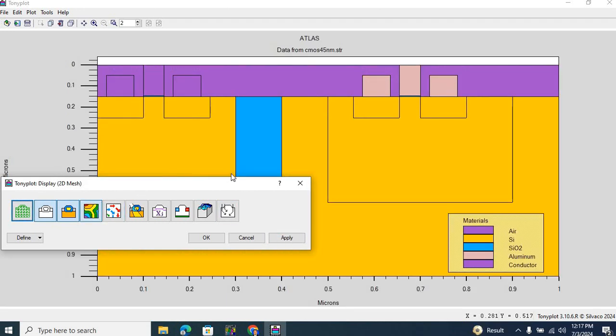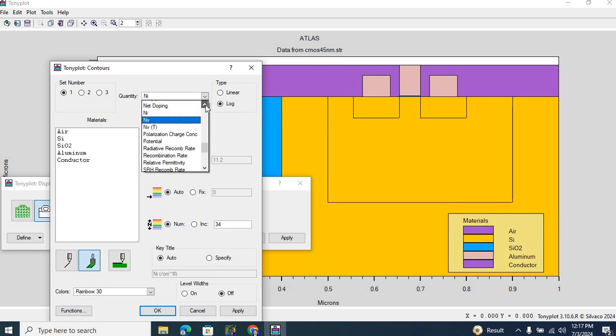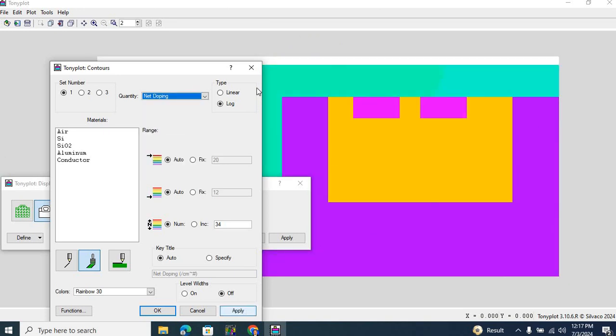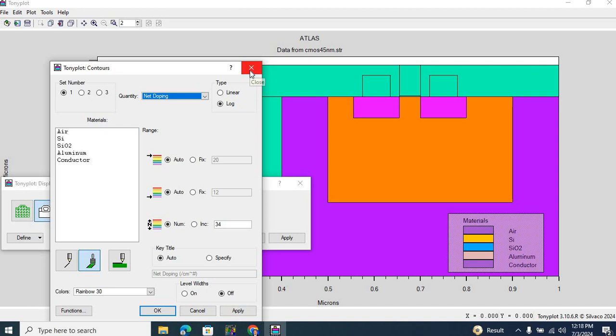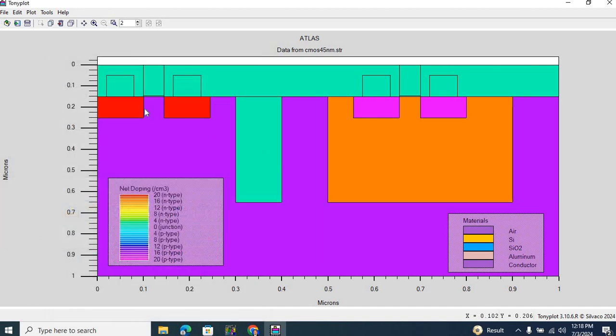Then I click on contours and then define contours, and we click on net doping. Okay. So we click on net dopings. So here are the doping profiles.